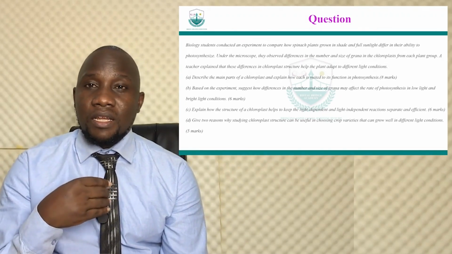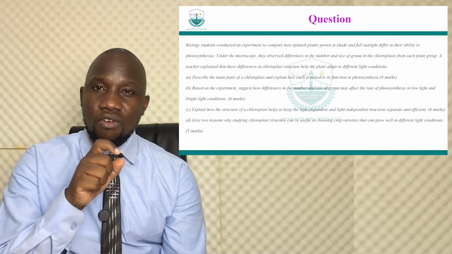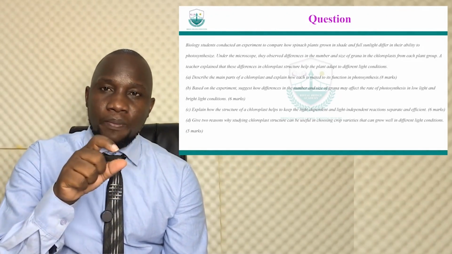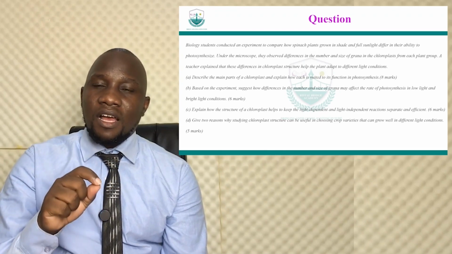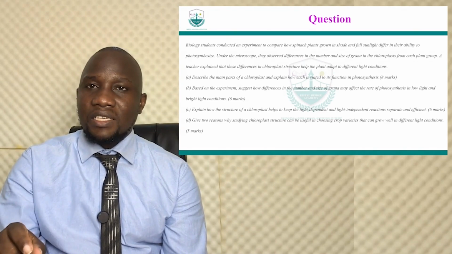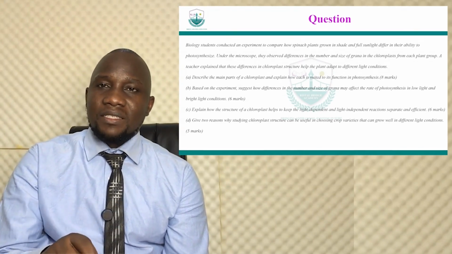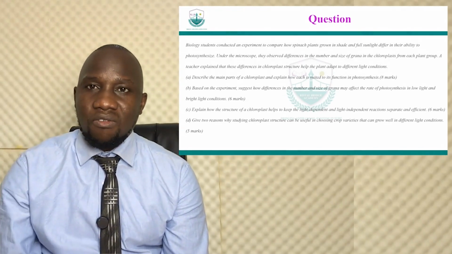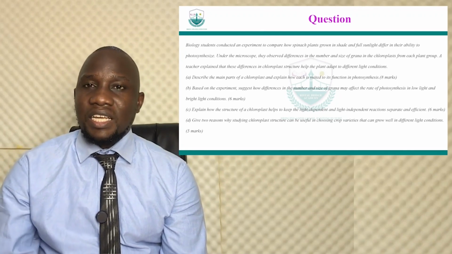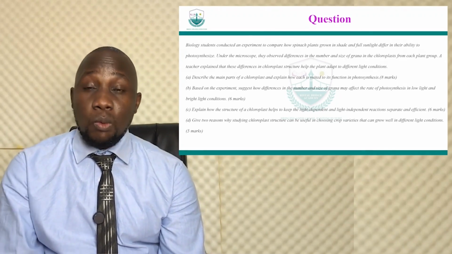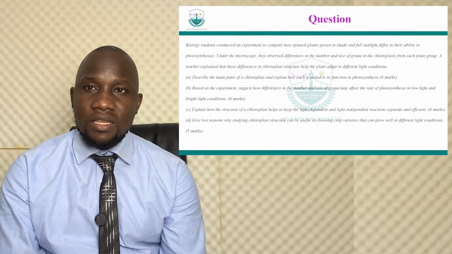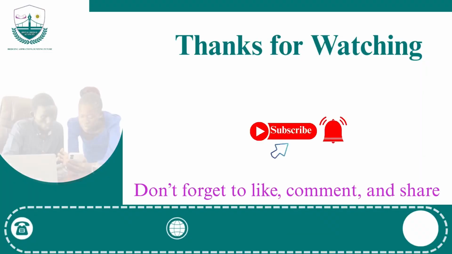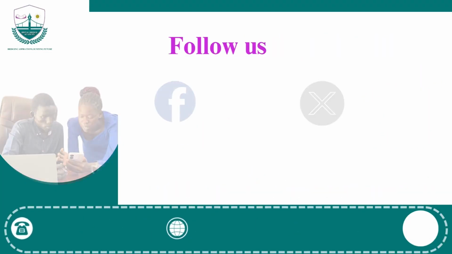That actually shows you, for example, if you know that particular plants that have this kind of chloroplasts grow well in shaded areas, if you move these plants or crops into an area of adequate sunlight, then they may not actually grow well. So that's why understanding the structure of the chloroplast is very important. Thank you.